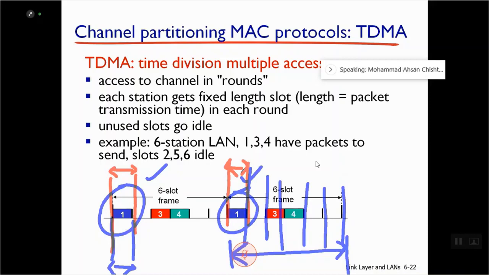But it has some major drawbacks as well. The first one is that there were 6 stations connected to the broadcast link.